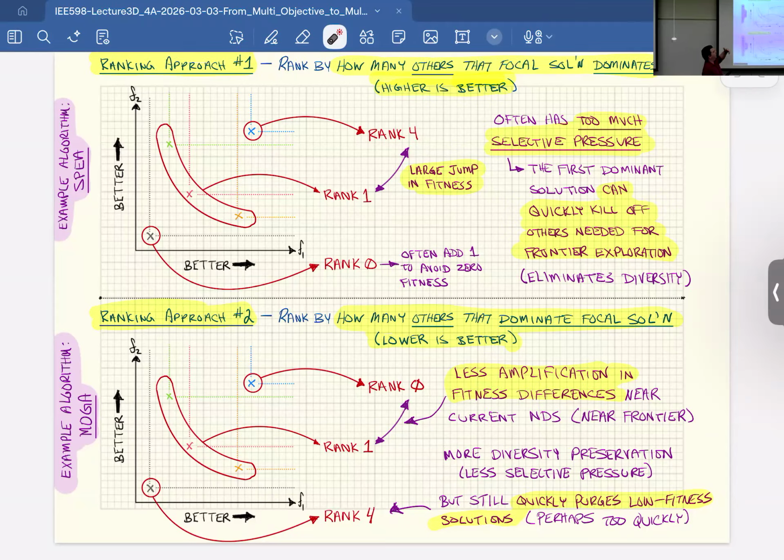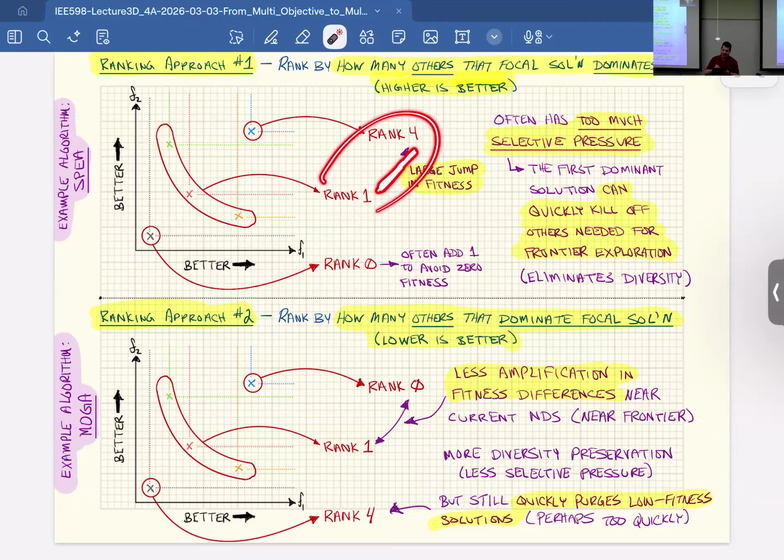And so it doesn't help you sweeping over the Pareto frontier. And you might prematurely assume that a solution is non-dominated, when in reality you just haven't done enough searching, and there might have been other individuals that would have fallen into this dominance cone if you had the diversity of other individuals to help explore that space. So this big gap can be a problem.